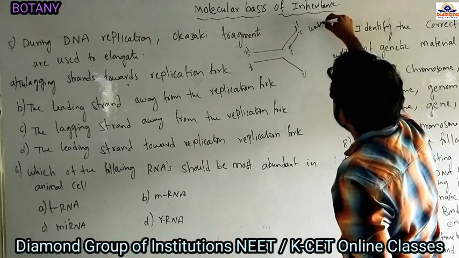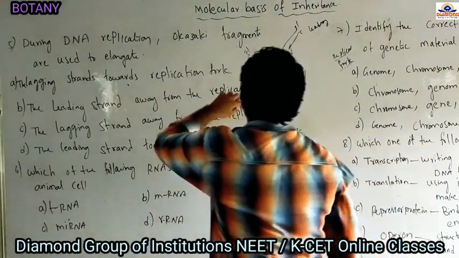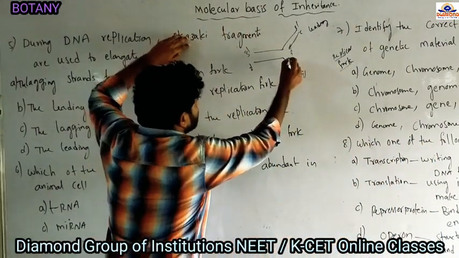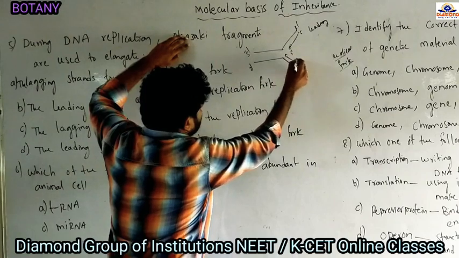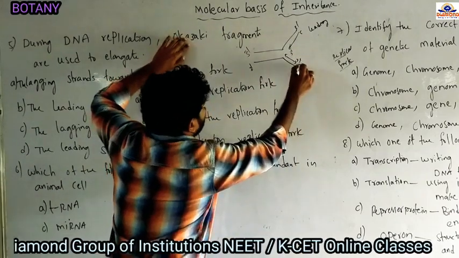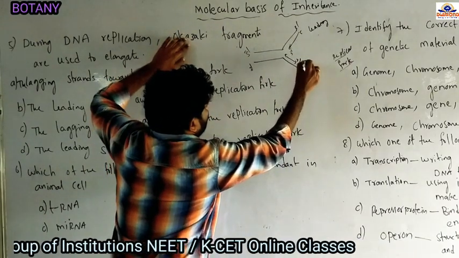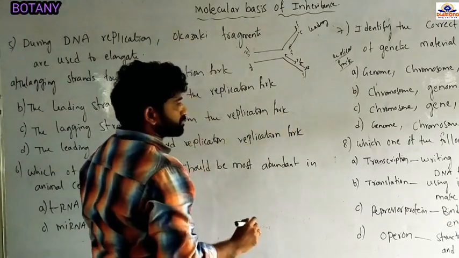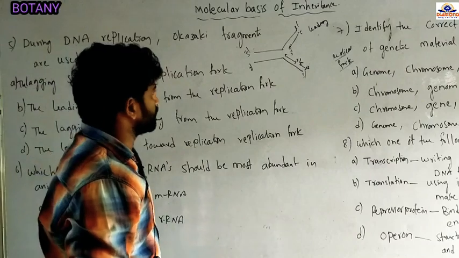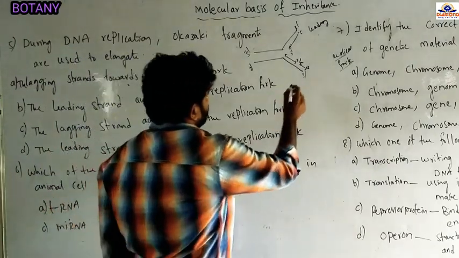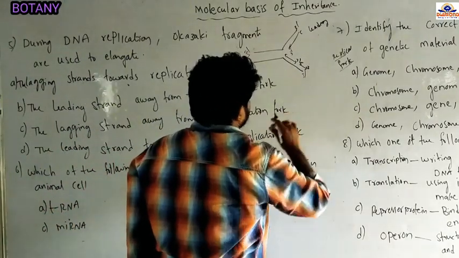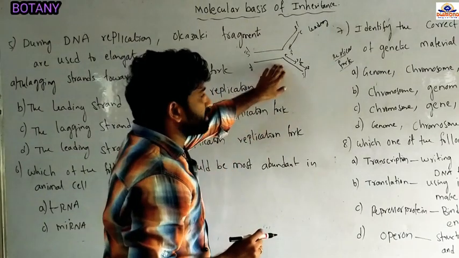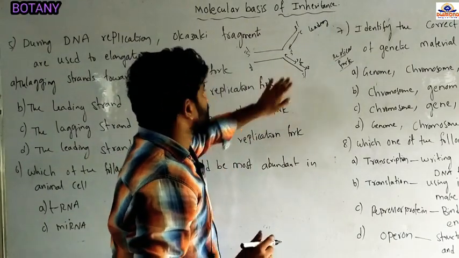The strand on which DNA is synthesized continuously in the 5 prime to 3 prime direction is called the leading strand. On the opposite strand, DNA synthesis also takes place in the 5 prime to 3 prime direction, but only small stretches or fragments of DNA are formed. That is the lagging strand.